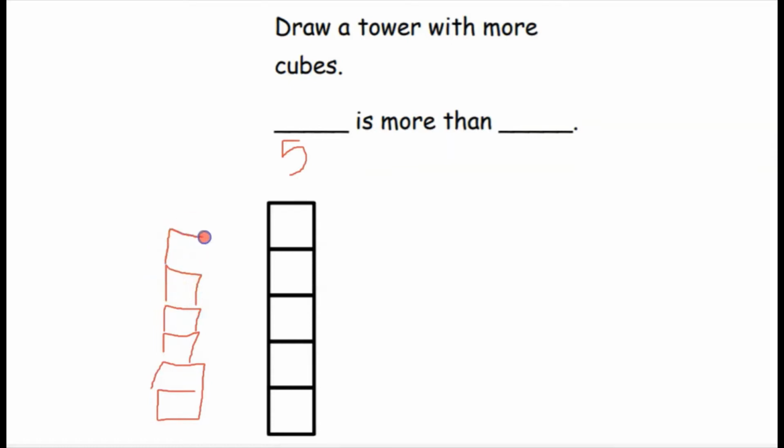I'm going to add one more because I learned last week when I add one more, that number is more than the number I'm comparing to. So I have 6 cubes here and 5 cubes here. I know 6 is more than 5. I could have also had a tower of cubes that were 7, 8, 9, 10, and so on. All of those numbers are more.